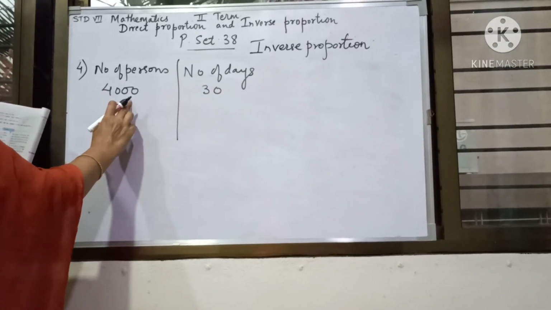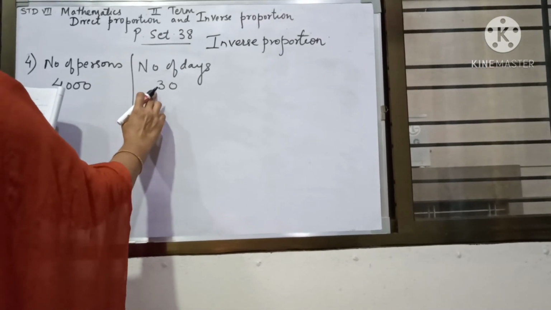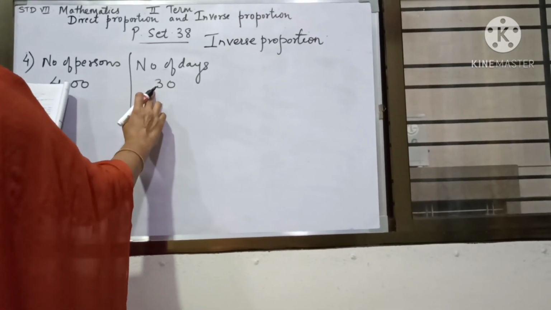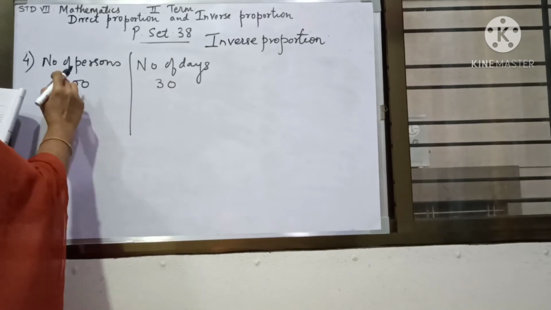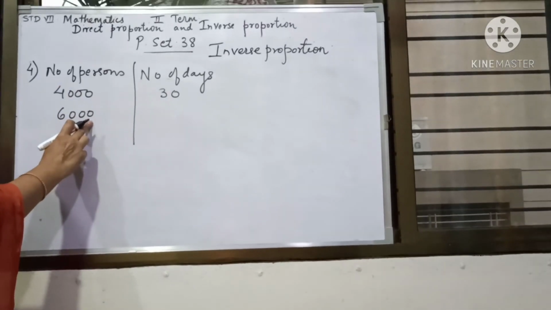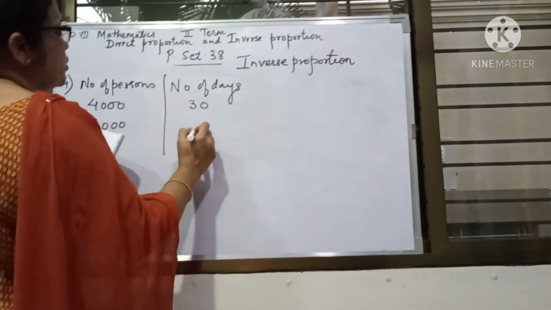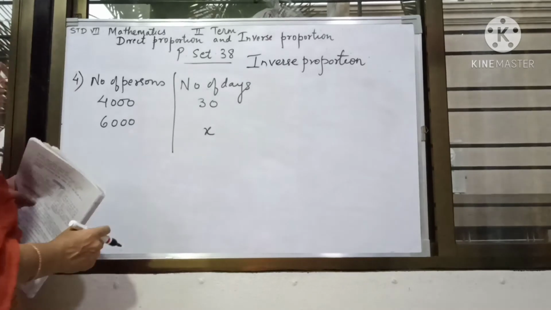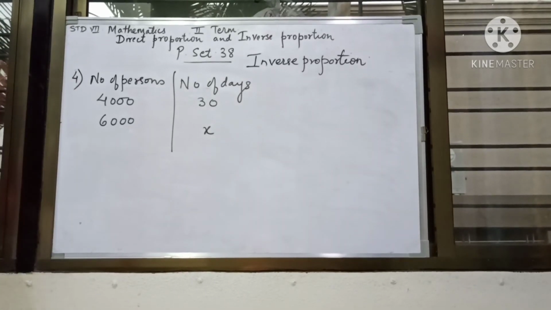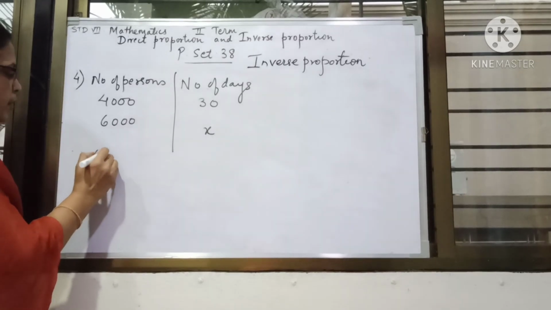For 4,000 people, the number of days for the stock of grain is 30 days. Now, if the number of persons is increased, that is 6,000, then naturally the number of days of the stock will be reduced. So this is inverse proportion. So let us equate both the sides.